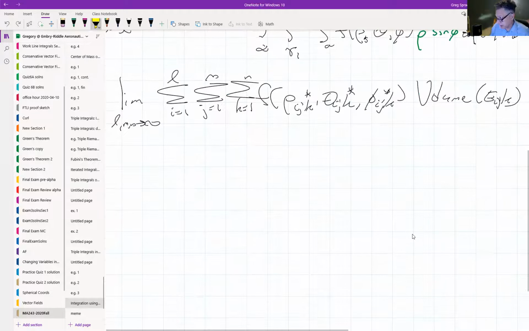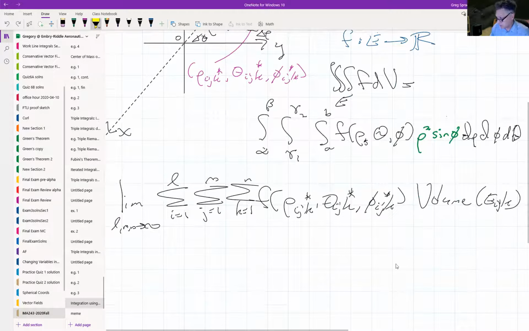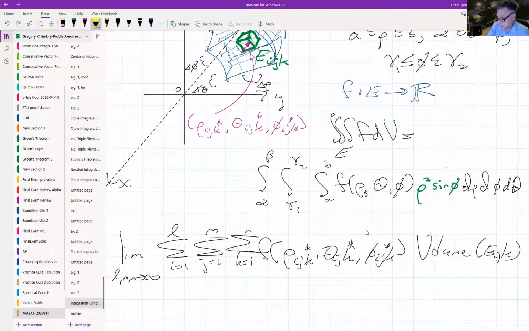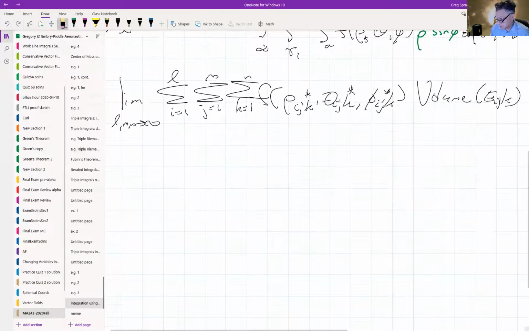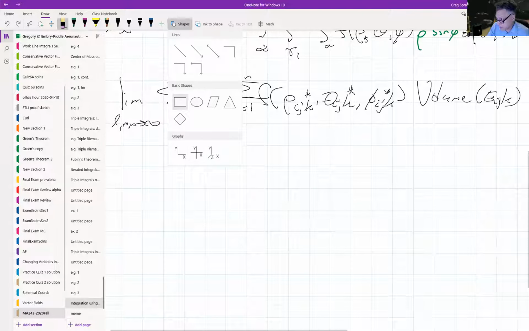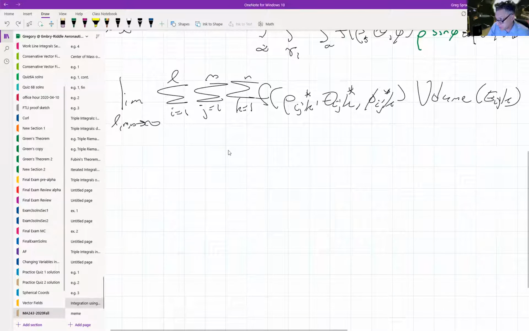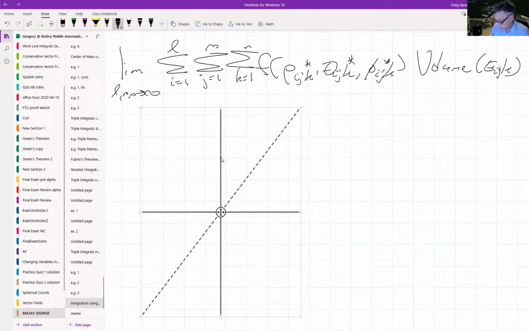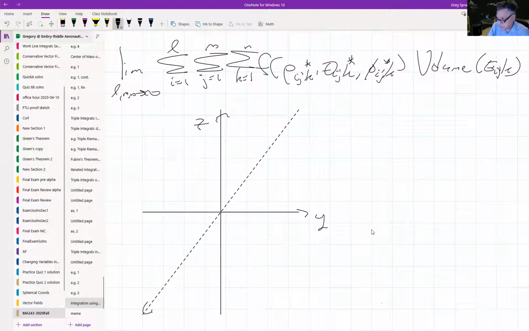And so let's justify that. So let's find the volume of one of those little boxes, or at least approximate it. We'll get a good enough approximation so that it works when we take the limit. I'm going to draw a picture similar to the one above of one of those little boxes. I'll draw it big so that we can write other things.